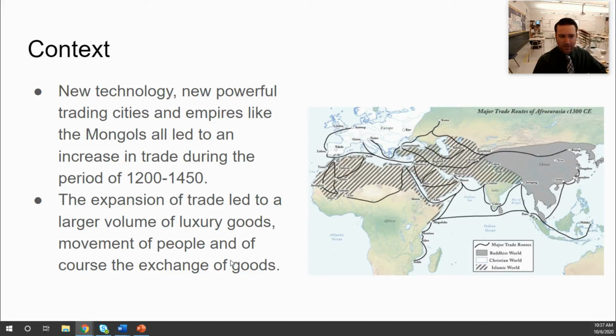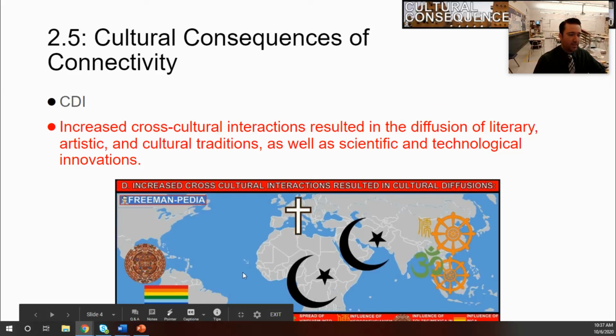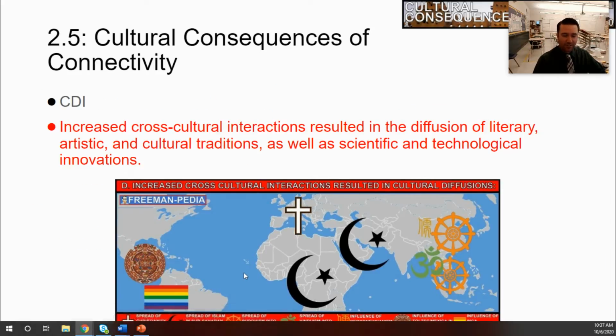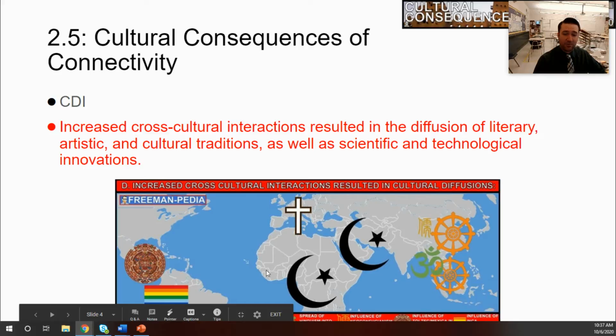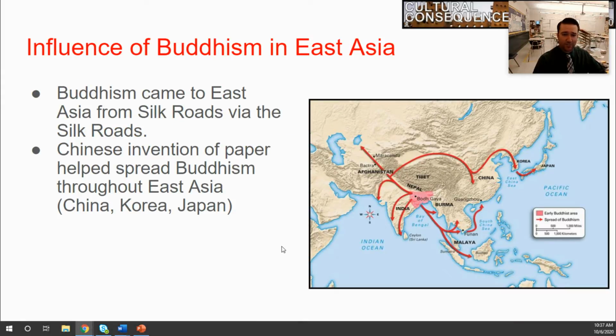And because of the expansion of trade, because of the movement of more people, you have more exchange of goods and ideas. And I made a little error there. It should be ideas, okay? So increased cross-cultural interactions resulted in the diffusion of literary, artistic, and cultural traditions, as well as scientific and technological innovations. So we've talked about this in previous units, the influence of Buddhism.